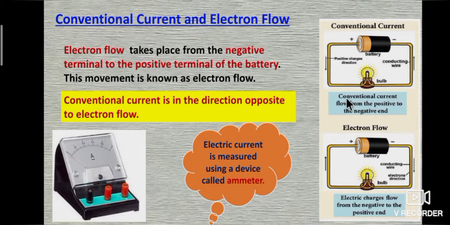What is conventional current? Conventional current is in the direction opposite to electron flow, that is, from the positive terminal to the negative terminal.